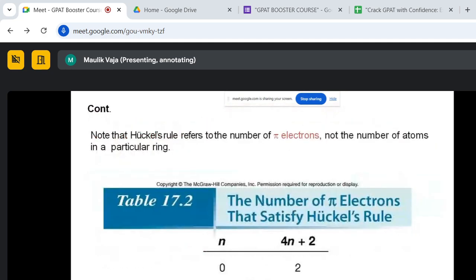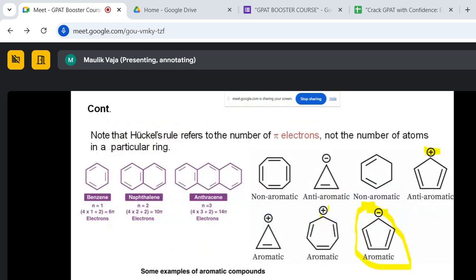Like I have given an example here. This compound is cyclic. It is planar? No, it is not planar. Why? Because two CH2 are out of the plane. One CH2 here and another CH2 here. Two CH2 are out of the plane and conjugation is also not there in the compound.